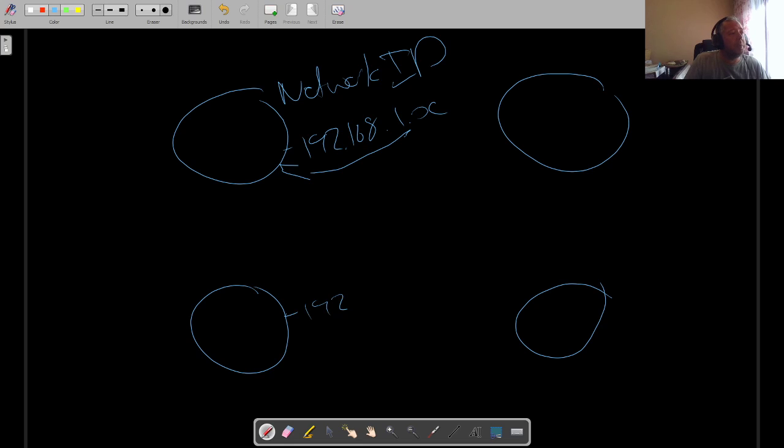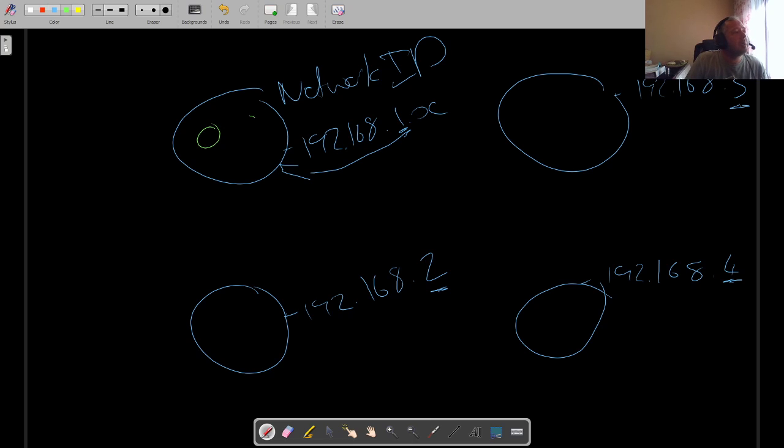This network must be unique, so this one must be 192.168.2. This one must be 192.168.3. And this one must be 192.168.4. Every number must be unique, just like we have separate streets. We don't have 2 streets with the same name in the town. The town has all unique street names.